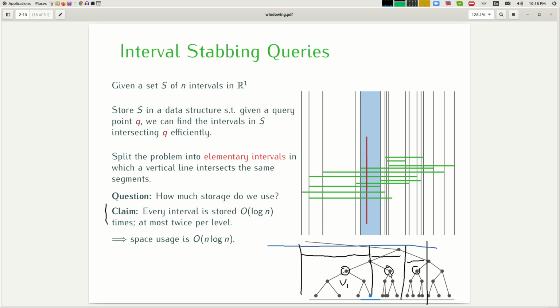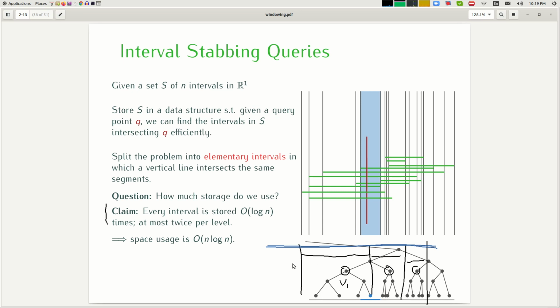But if you have 3 nodes at the same level, first of all, they have to be consecutive, because this interval defines a consecutive interval in its x range. So if it spans, let's say, the range of V1 and V3, it must also span the range of any node between them.